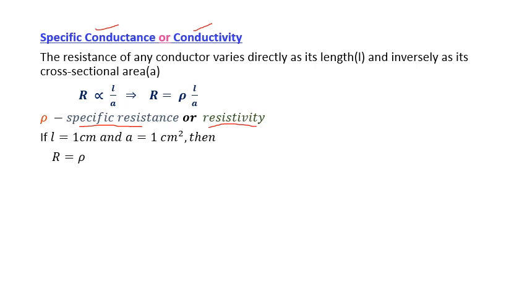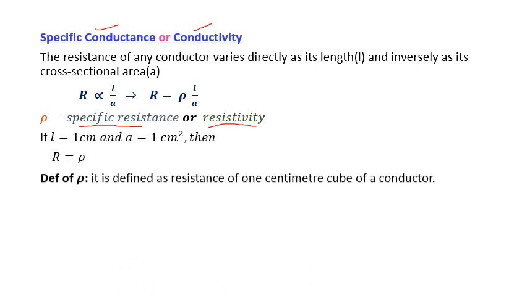That means in this situation the resistance is equal to the resistivity, rho. Definition of rho: it is defined as the resistance of 1 centimeter cube of a conductor.